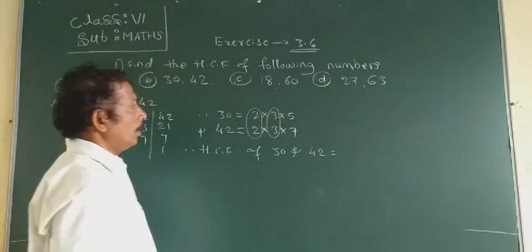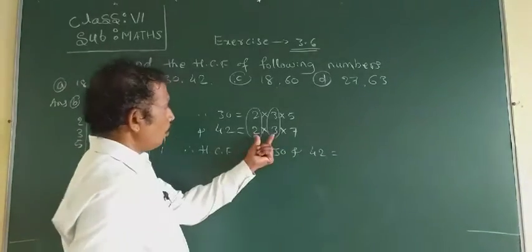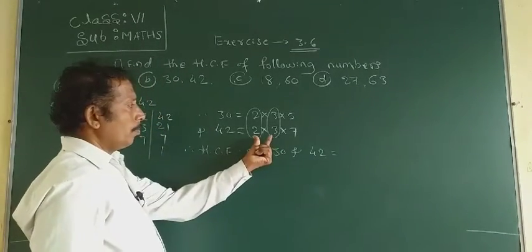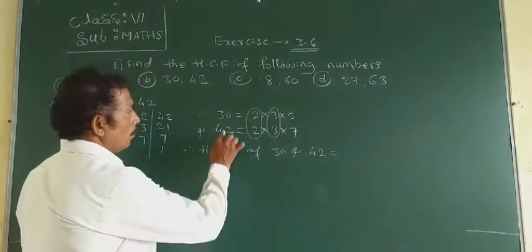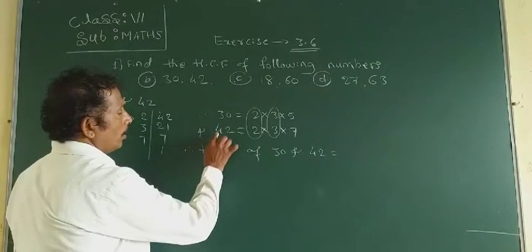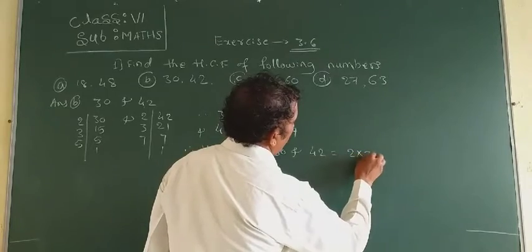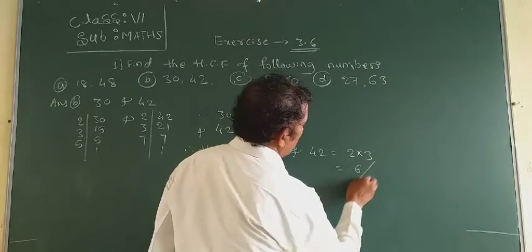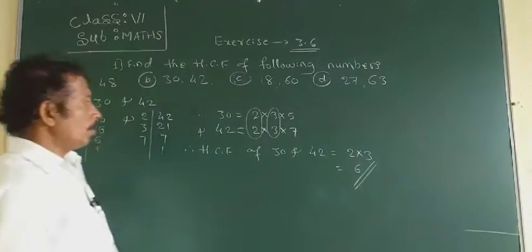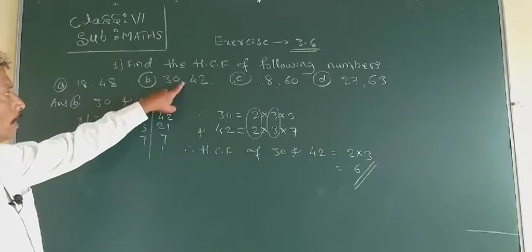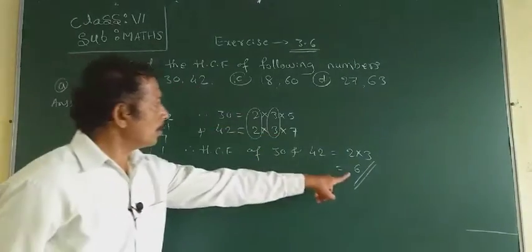Encircle the number 3. Take these two factors and find their product. It is the HCF of given numbers 30 and 42. 2 into 3 is equal to 6. Now the HCF of 30 and 42 is 6.